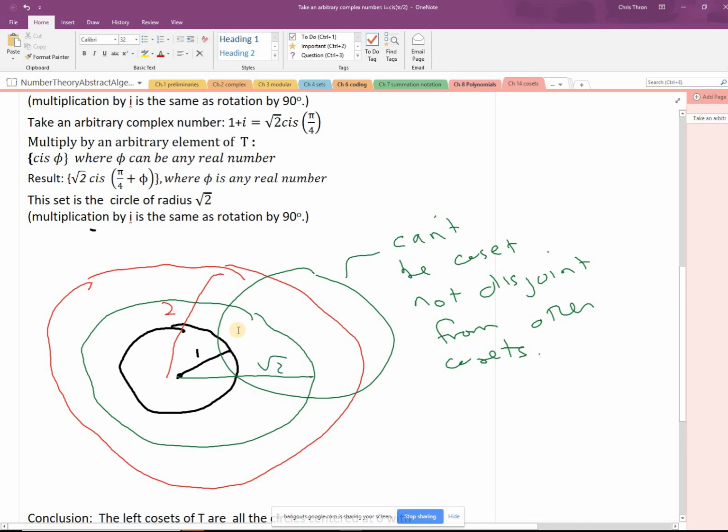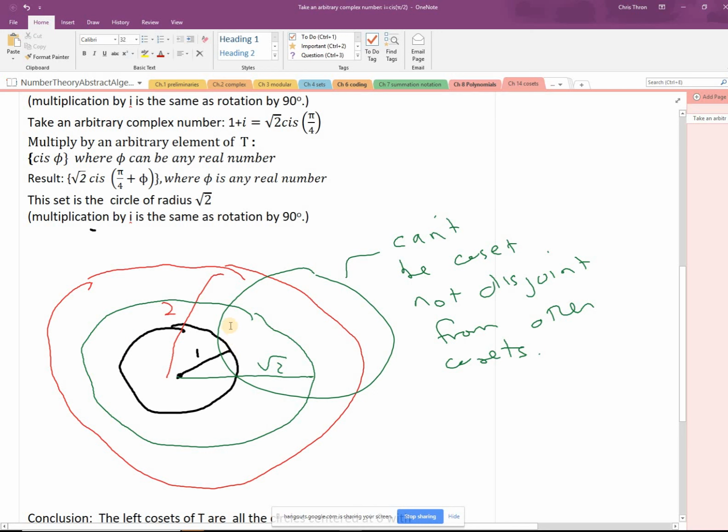The other thing that I want to point out is that out of all these cosets, which ones are groups? Yes, this one in particular. Only the black one. How many of them have the identity?